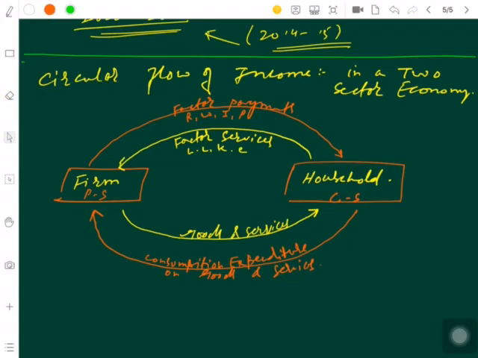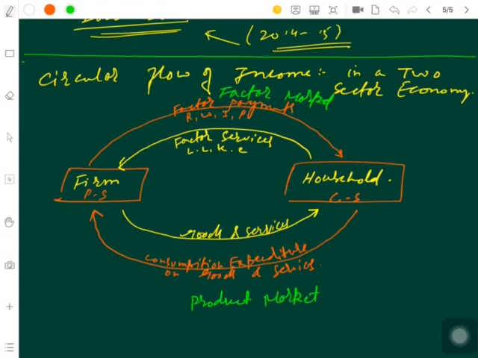you can distinguish, you can term it, the above two arrows will constitute the factor market. And the below, goods and services, consumption expenditure on goods and services, they will constitute the product market. You must be aware about how it happens.